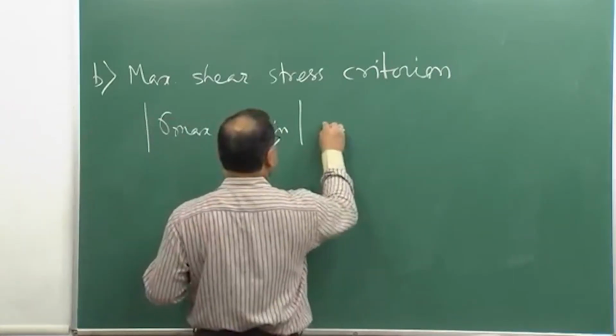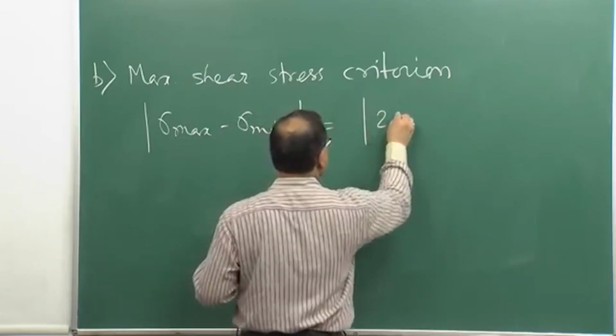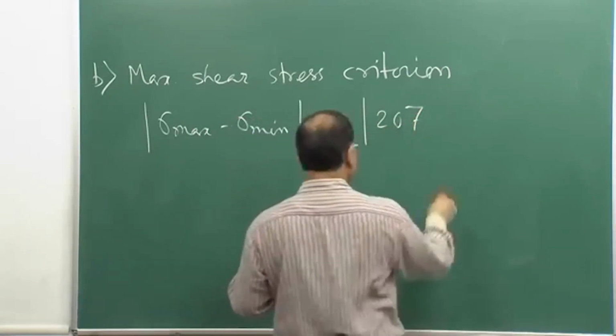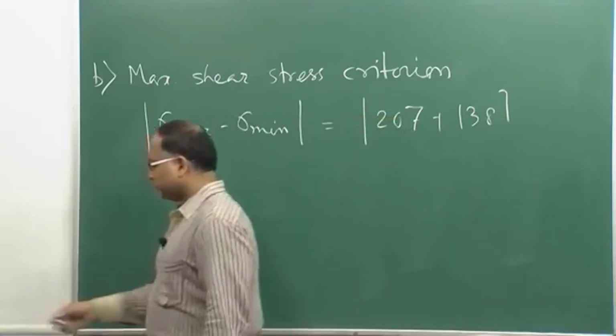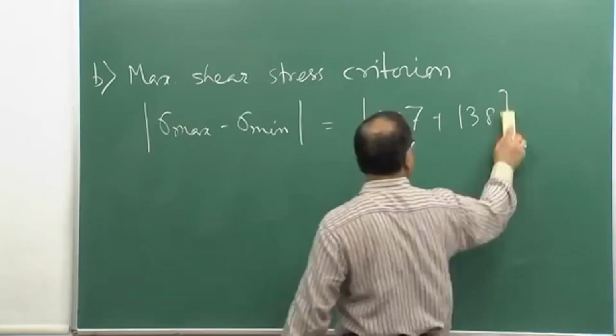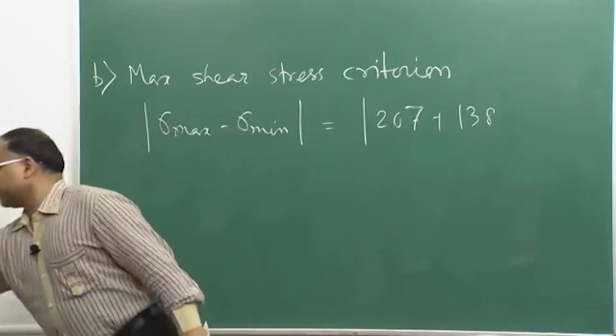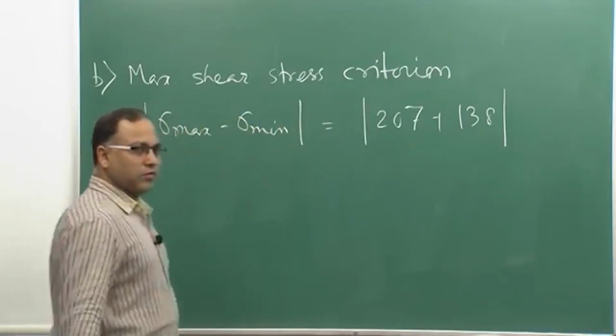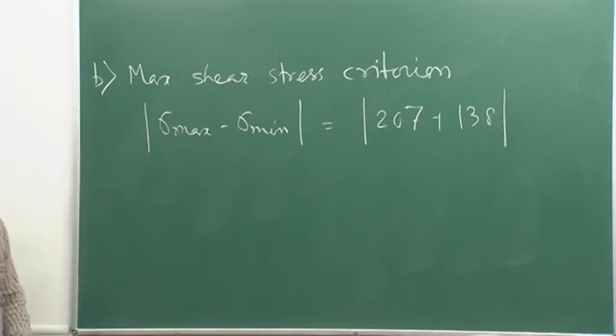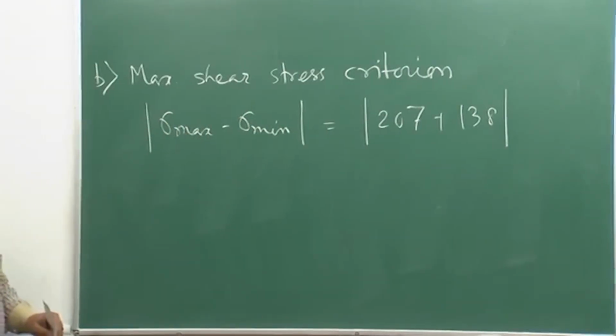That is 207 plus 138, taking the modulus because we are only interested in the positive sign.